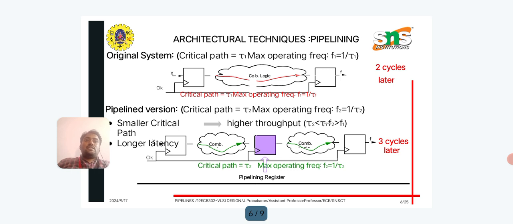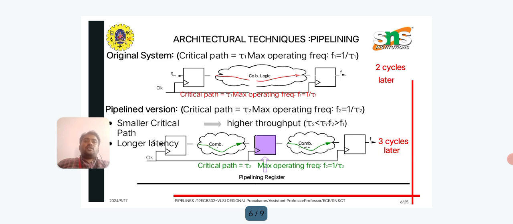This results in a shorter critical path per stage. The maximum operating frequency of the pipelined version is higher because the critical path per stage is shorter than the critical path of the original system. Since each stage of the pipeline processes a smaller task, the clock cycle can be faster.